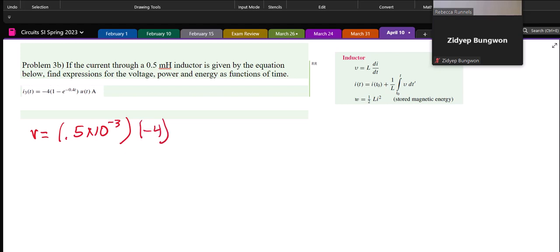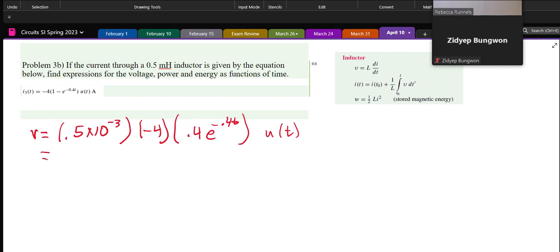So minus 4 just stays there. The derivative of 1 is 0. The derivative of negative e to the negative 0.4t is 0.4 e to the negative 0.4t. There's a unit step function at the end, which just means it's for time t greater than 0, and before 0 it's 0.